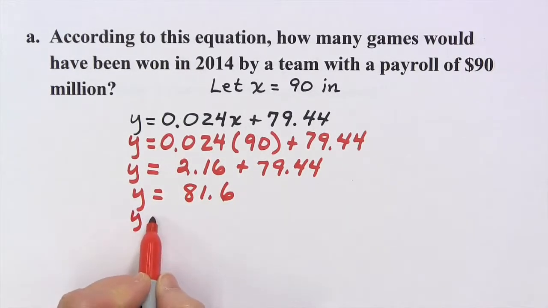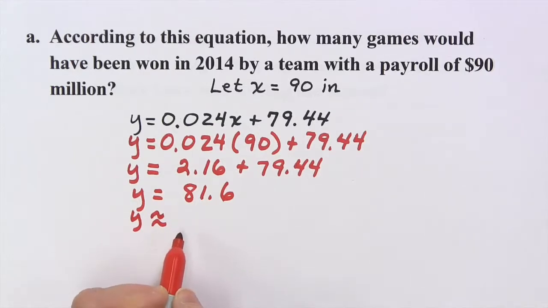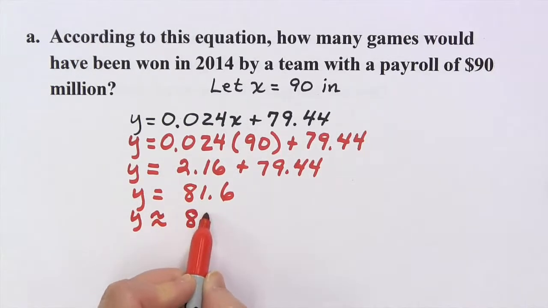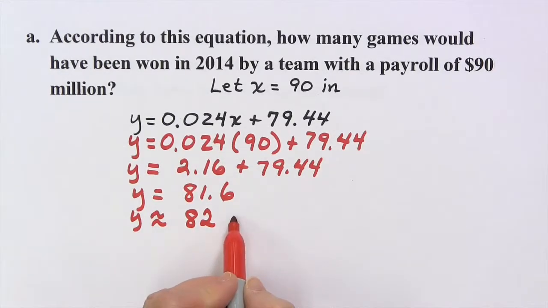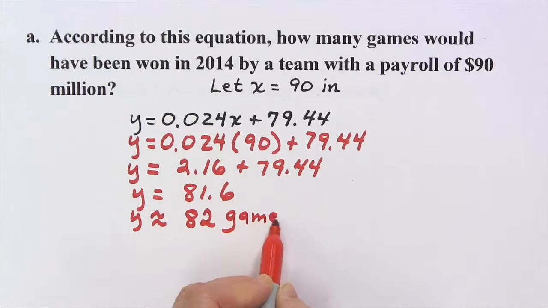So Y is approximately 82. Now, what did Y stand for? Y stood for number of games won during the regular season. So if the payroll is 90 million, you can expect that that team will have 82 games won during that regular season. Let's keep working with that equation.